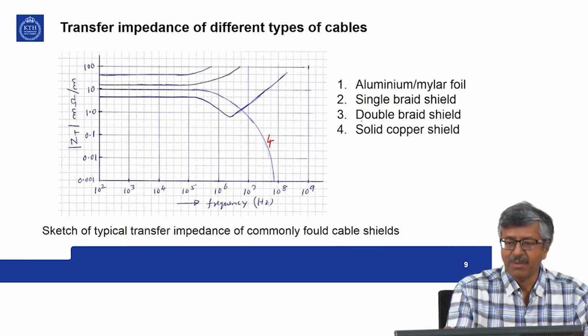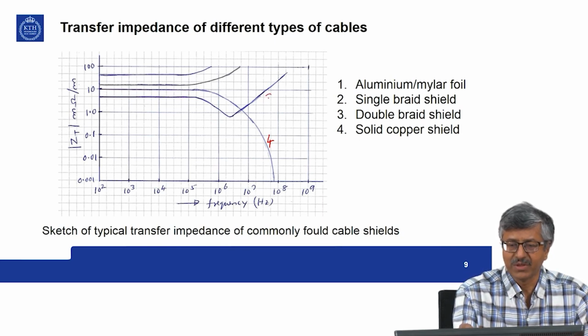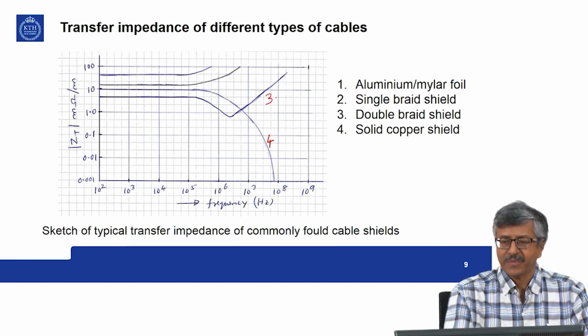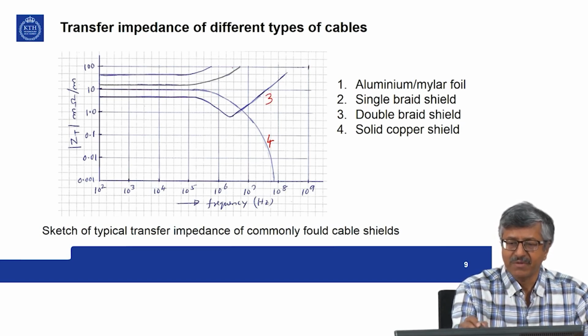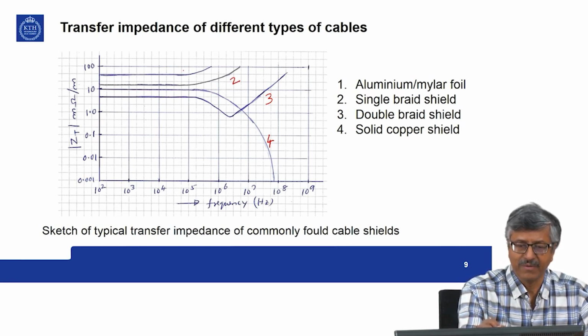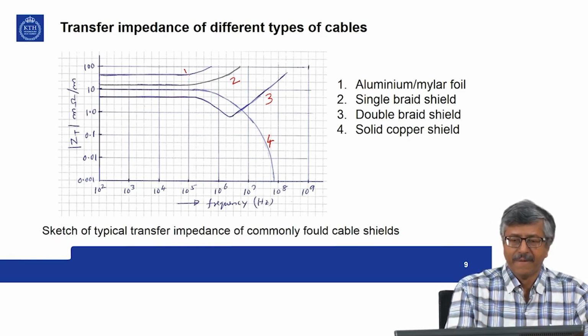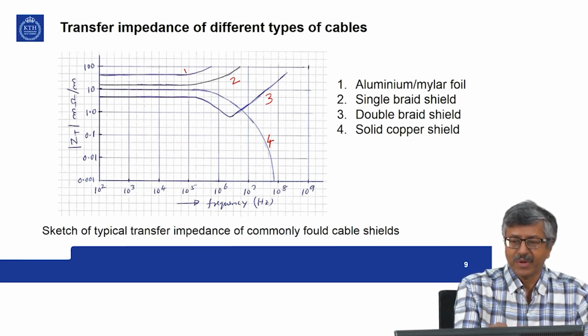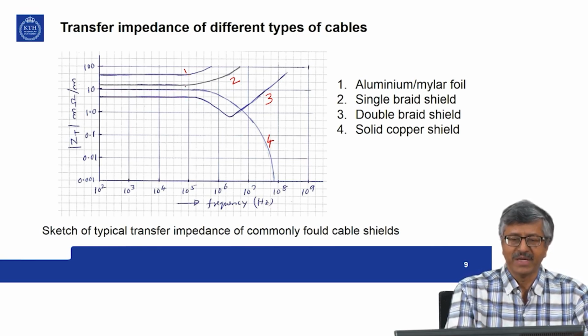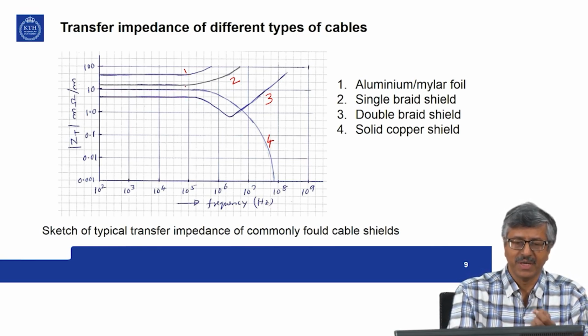Then double braid shield. That will be something like this, number 3, and single braid shield will be this, 2, and aluminum mylar foil will be 1. Here in aluminum mylar foil you have a gap because they are not really solid shields.